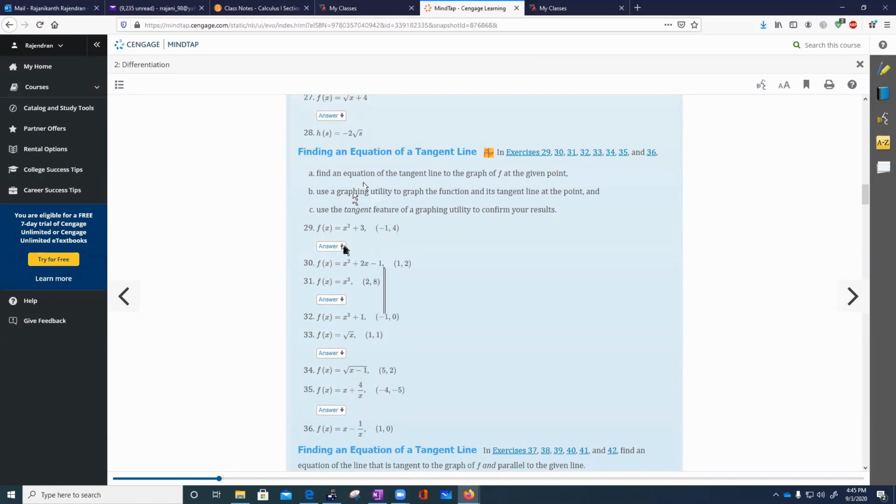If you want, I could try one problem today, finding an equation of a tangent line. So you are asking about similar problems, right? Yes, sir. It had a y equals mx plus b kind of setup with the ones on the left, and then the functions on the right that it gave you.